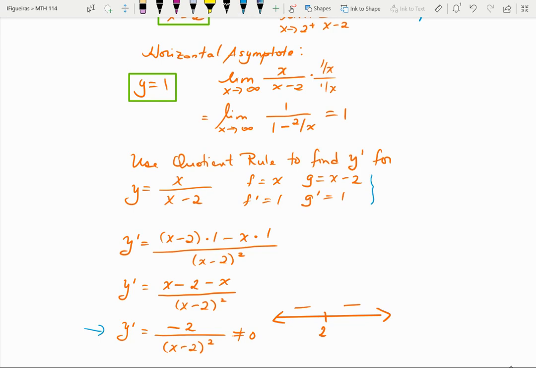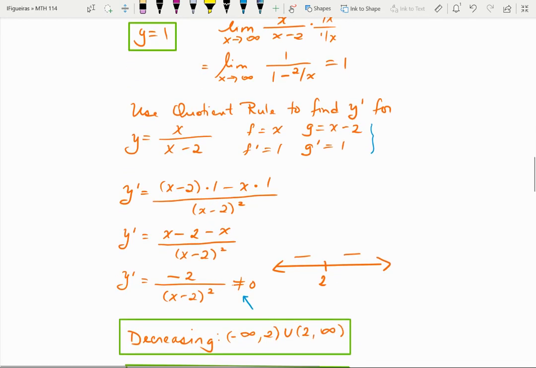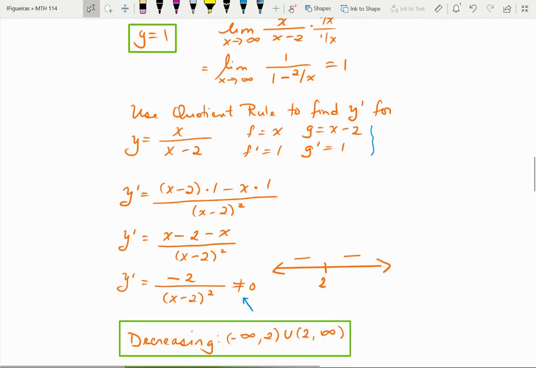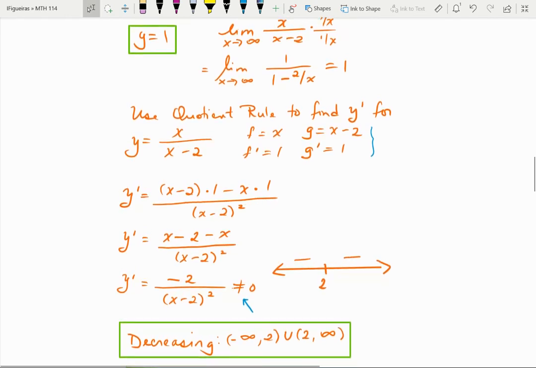Remember, you take the derivative and set it equal to 0, but it is impossible for this to equal 0. So that's why I wrote it's not equal to 0, because the only way a rational equation can equal 0 is if the numerator equals 0 and if that solution is in the domain. Well, it is impossible for negative 2 to ever equal 0.